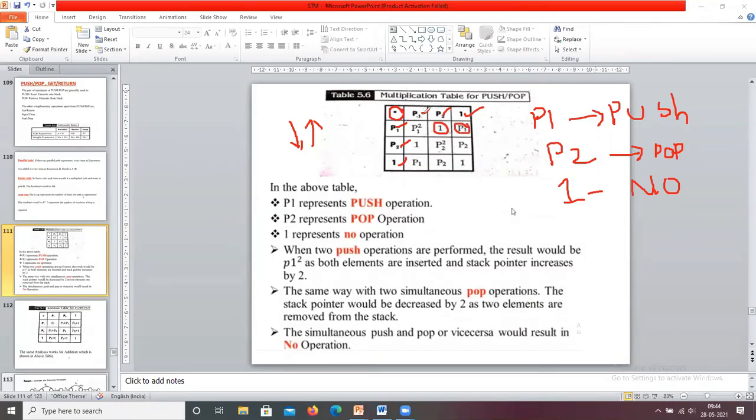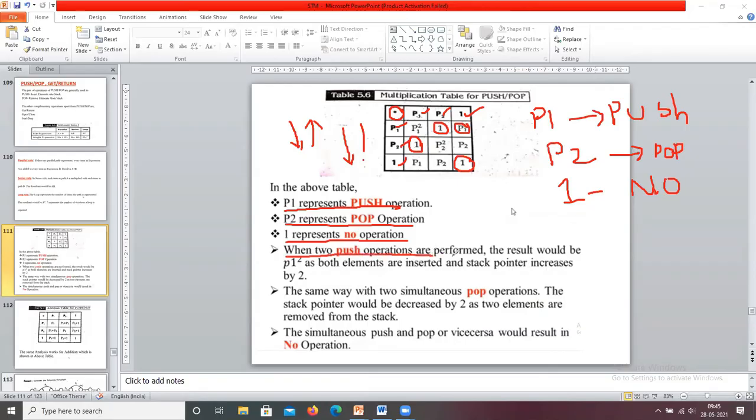Similarly P2, P1 means 1 pop, 1 push, so there is no operation, 1. P2 into P2 is P2 square, and P2 into 1 is P2. 1 into P1 is P1, 1 into P2 is P2, and 1 into 1 is 1. Okay. So in this table, P1 represents push operation, P2 represents pop operation, and 1 represents no operation.